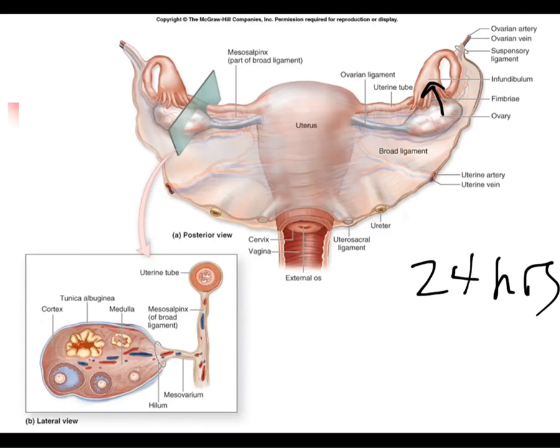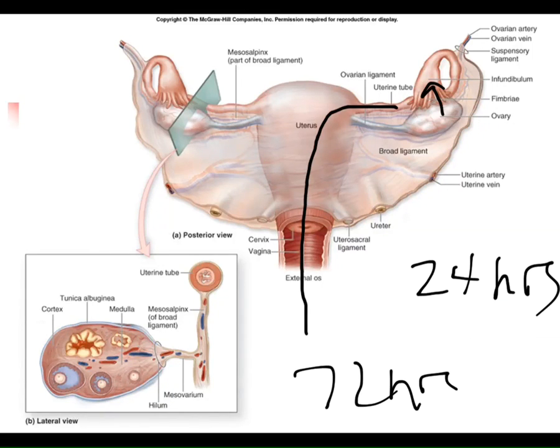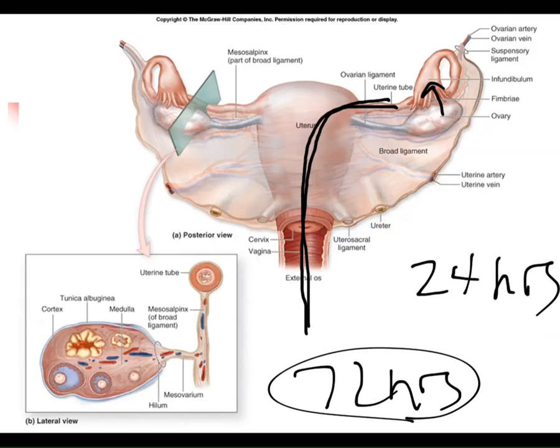The sperm are going to be coming up, going up the fallopian tube, and could either have been present for 2 or 3 days before, because sperm are good for 72 hours. Okay, sperm are good for 3 days. So that means that the sperm either were introduced into the vagina and up the fallopian tube 3 days before ovulation, or shortly thereafter, within 24 hours of ovulation. So fertilization usually happens up here.